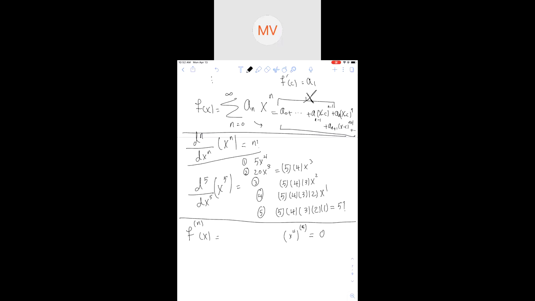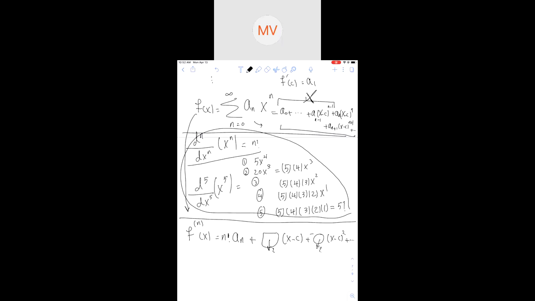So from this function, when you take the derivative n times, because of the argument we made here, it's n factorial a sub n plus a bunch of terms that have x minus c in them. So it's going to be something times x minus c, the next one something times x minus c squared, plus. And I don't care what these are.